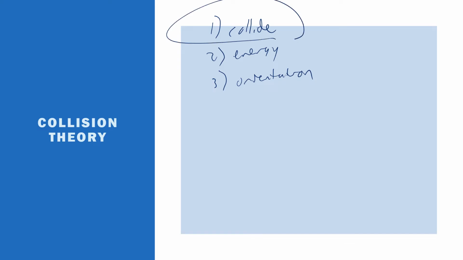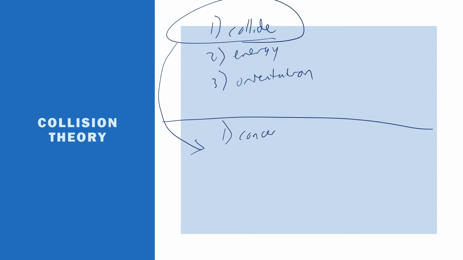So if we talk about this one first, just that they collide, there are a few things that affect how frequently they collide. And those things are concentration, temperature, and surface area.